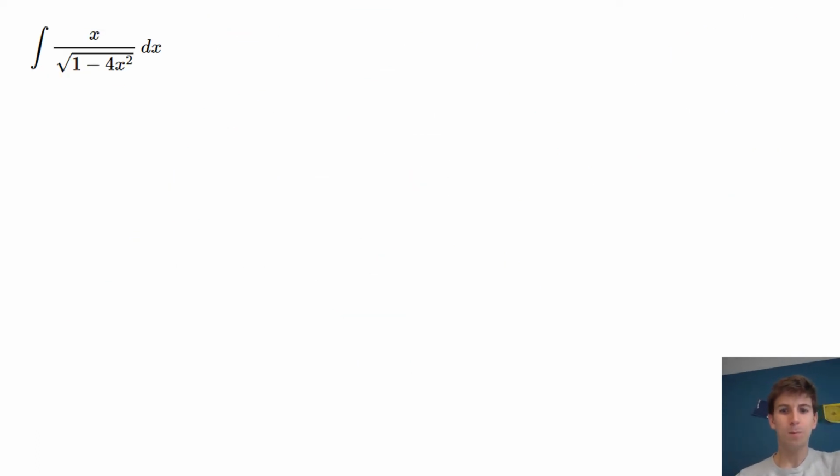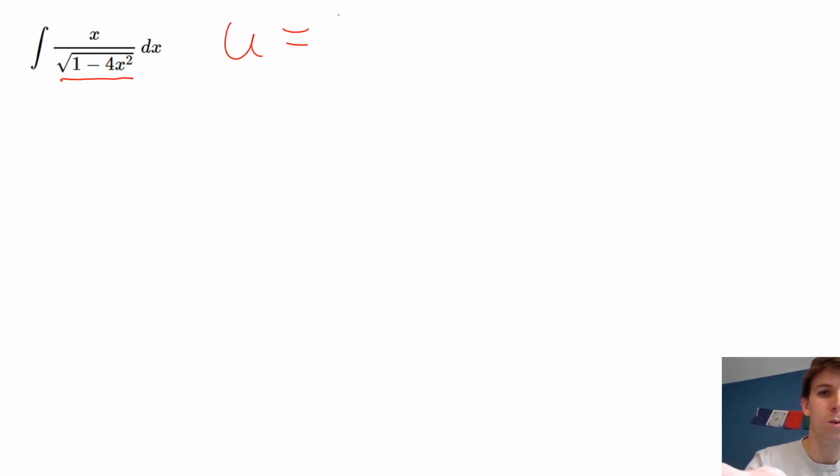All right. Just moving right along into example 2 here. Once again, I have a very similar setup. I have this 1 minus 4x squared underneath the radical, so I'm going to treat that as my inner function. I'm going to set u equal to that 1 minus 4x squared.